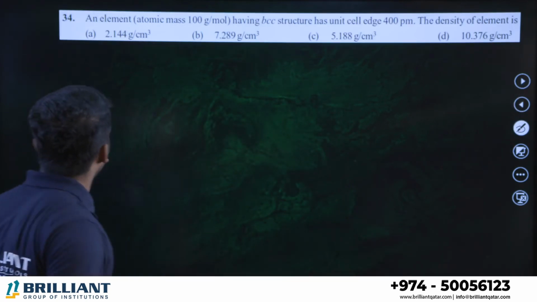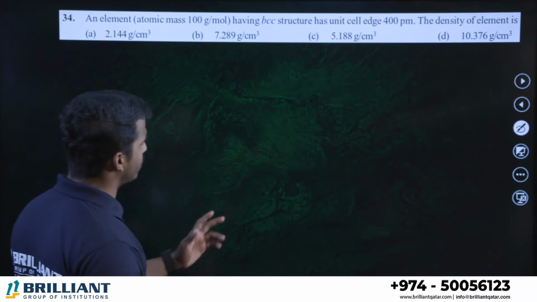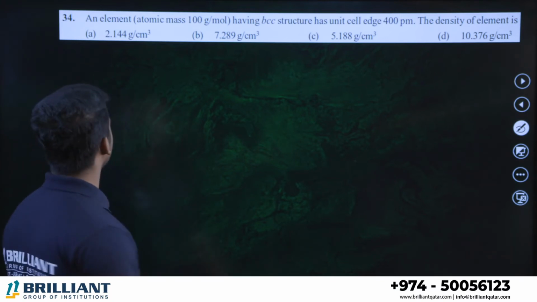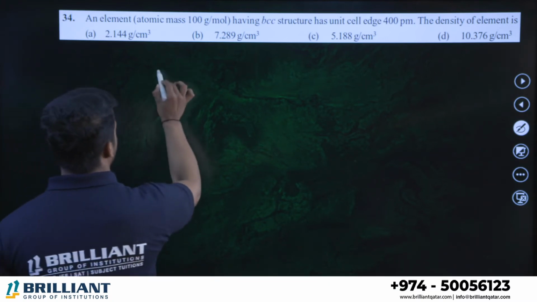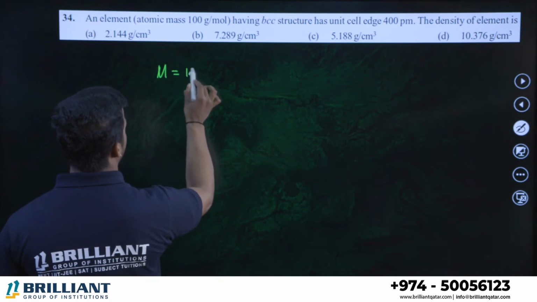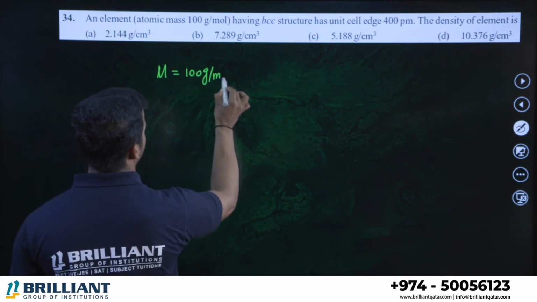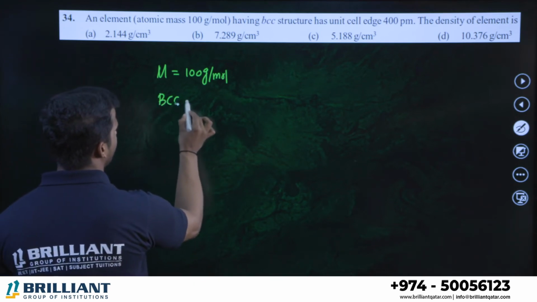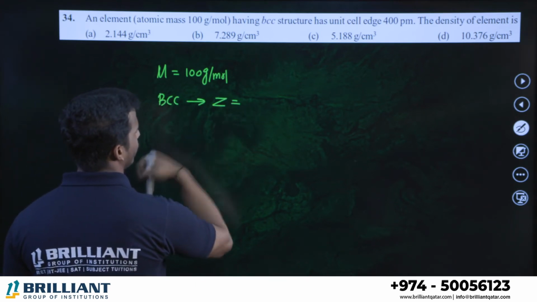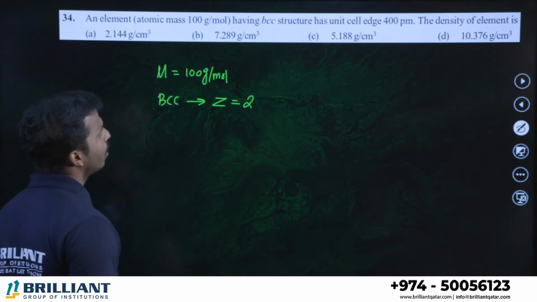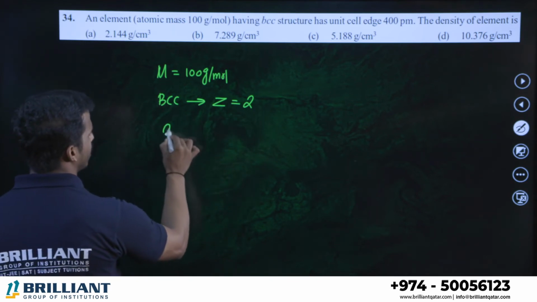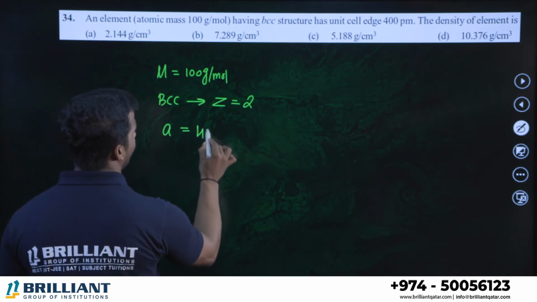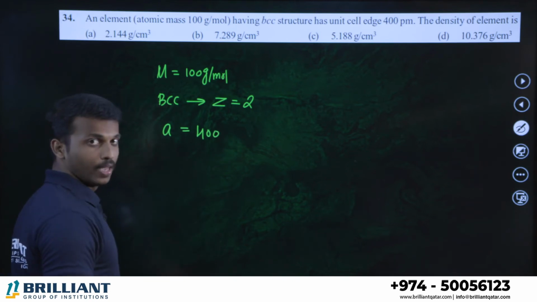Then a numerical question from the chapter, I think, density calculation, solid state. An element with atomic mass M of 100 gram per mole, having BCC structure. BCC means the number of atoms per unit cell, Z, is equal to 2. It has a unit cell edge length, or axial length, of 400 picometer.